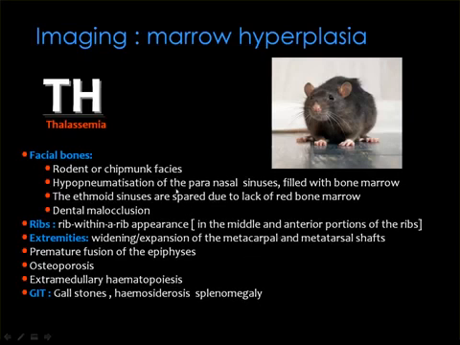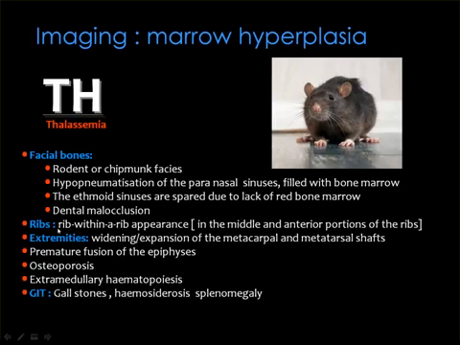Then hypopneumatization of the paranasal sinuses, which are occupied by the hyperplastic bone marrow. The ethmoidal air cells are usually spared due to the lack of red bone marrow in this particular location, and there are some deformities and malocclusion of the teeth.